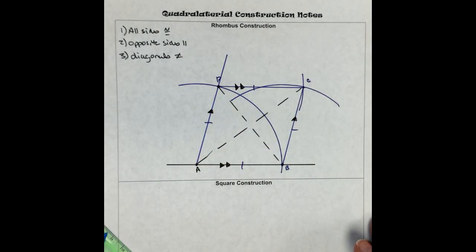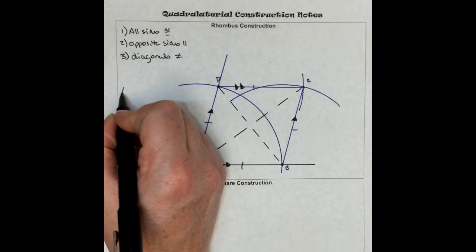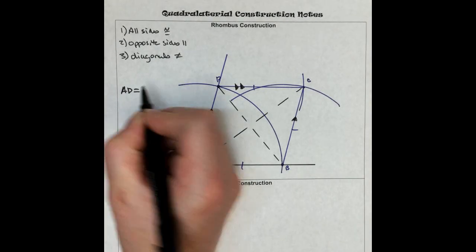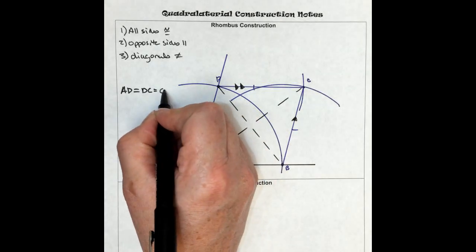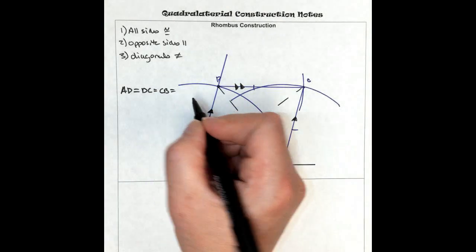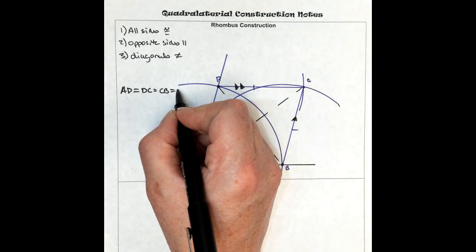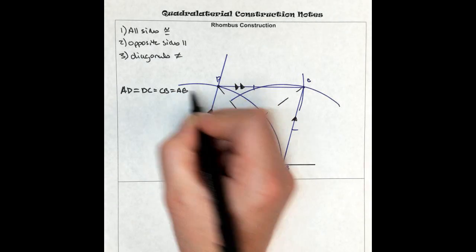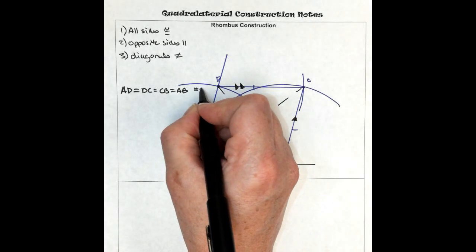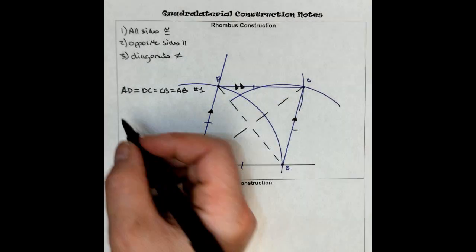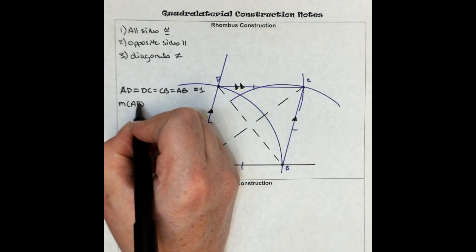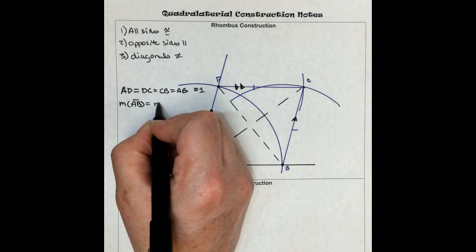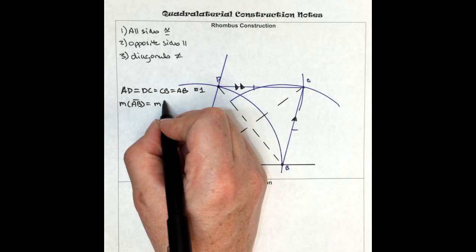So if I'm going to prove this guy, then I have to state that AD is equal to DC, that is equal to CB, that is equal to AB. That's the first thing I have to prove. Then I have to prove that the slope of AB is equal to the slope of BC.